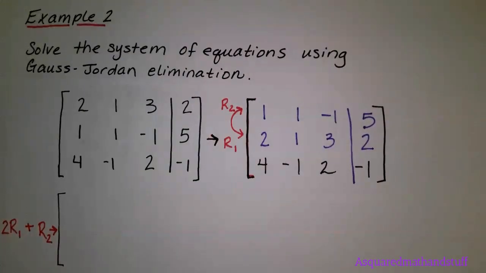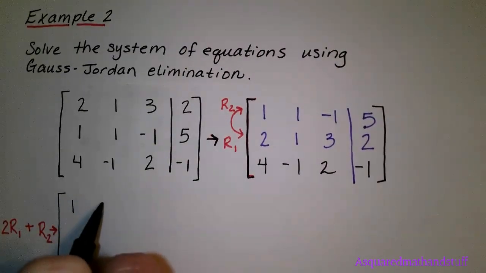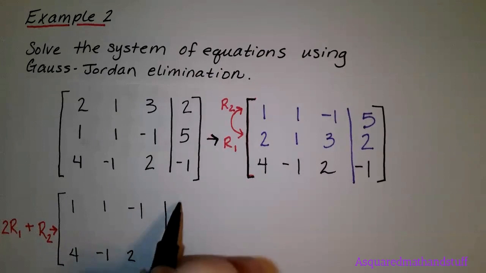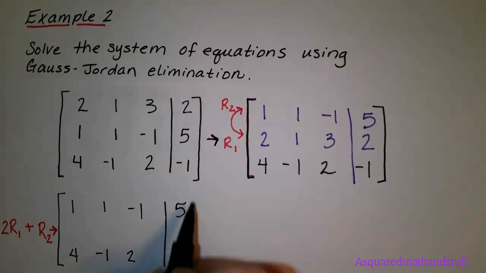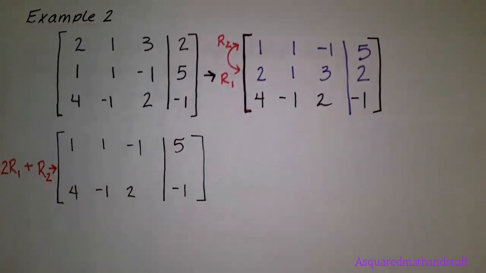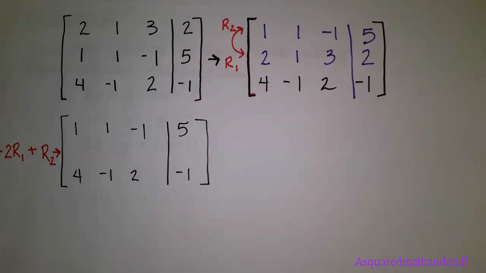We're not doing anything to row 1 or row 3, so let's just rewrite those. In my last video, I guided you with the thinking process of how to solve these.